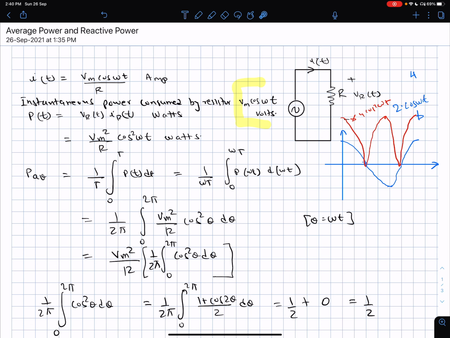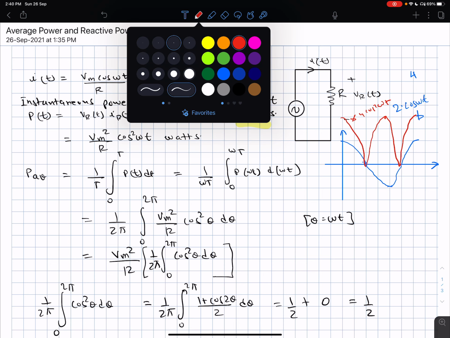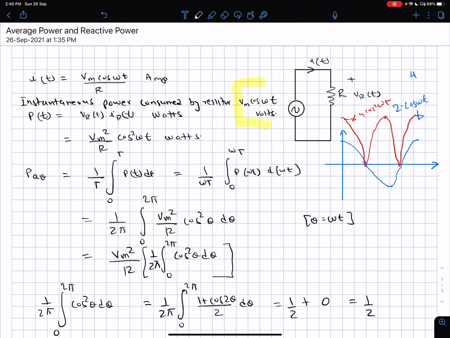So omega is 2 pi by T, and the average power is going to be the integral of the power over one time period, scaled by the 1 by T factor.